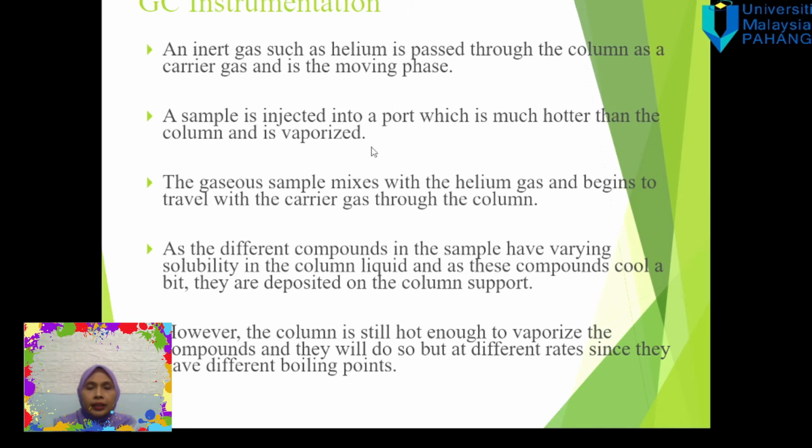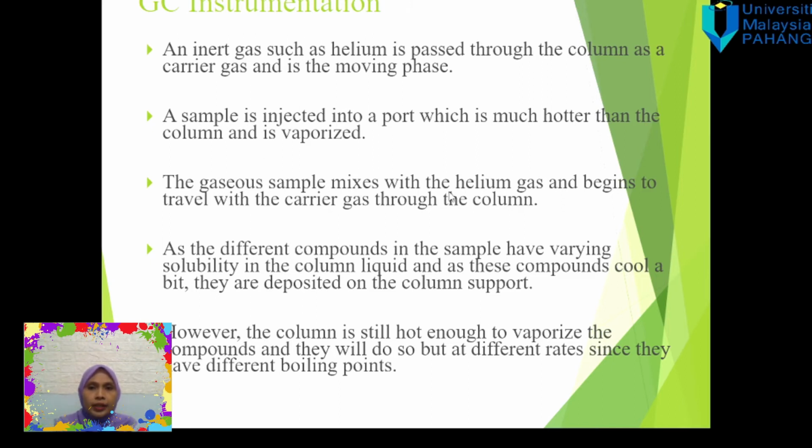So the lower the boiling point, the faster it comes out and the shorter the retention time, because our sample has to be heated by the oven in the GC. Our sample must be in the form of vapor, in the form of gas, because only gas can carry the gas. That's why our liquid sample needs to be vaporized by the high temperature of the oven inside the GC system.